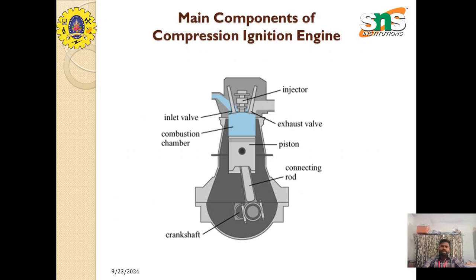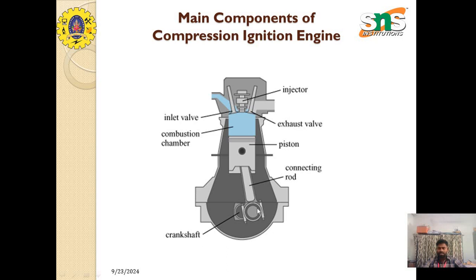This is the constructional view of the CI engine. It includes various components: the injector, inlet valve, exhaust valve, combustion chamber, piston, connecting rod, and crankshaft.